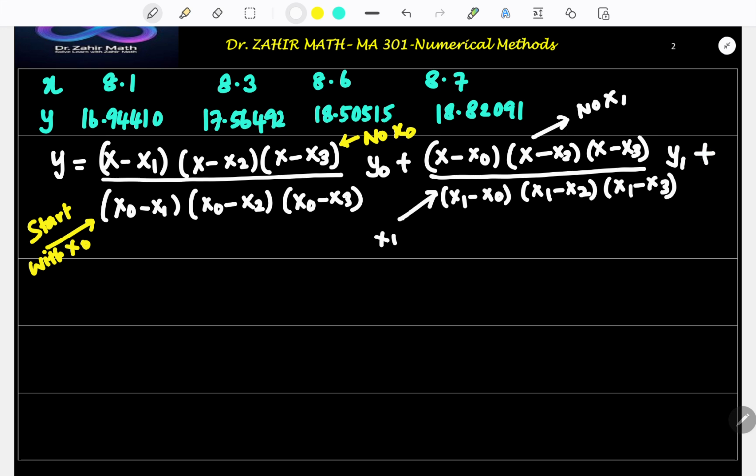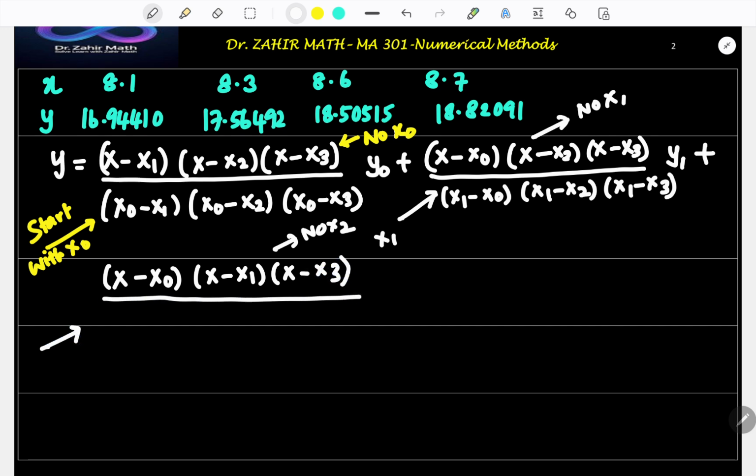And then plus, we're going to write the next one. The next is x minus, there is no x2, keep in your mind. So x minus x0, x minus x1 and x minus x3, okay. And then you're going to start with x2. So x2 minus x0, x2 minus x1 and x2 minus x3, okay, right, times y2.